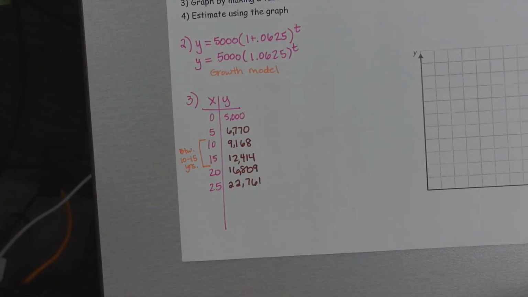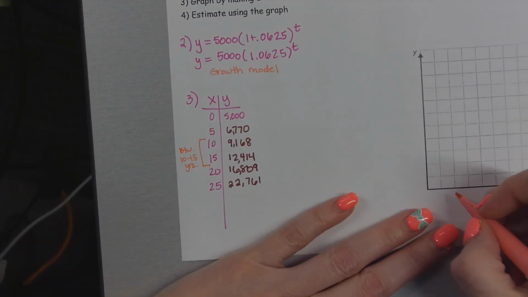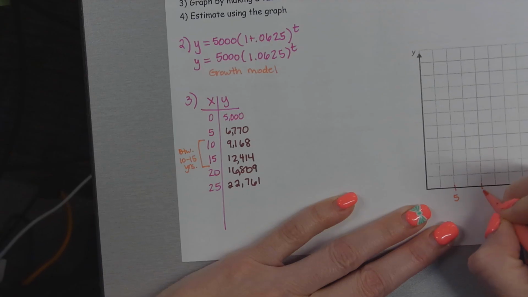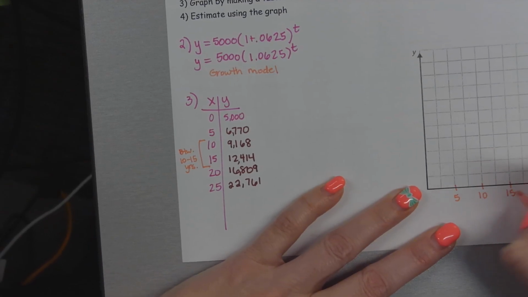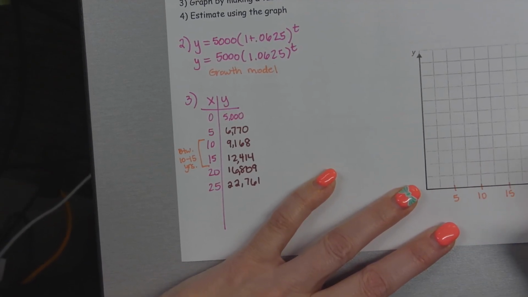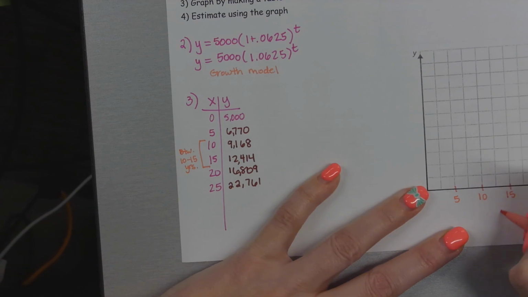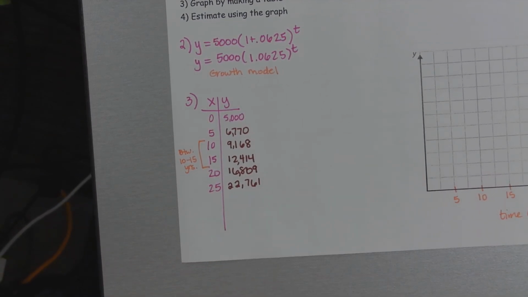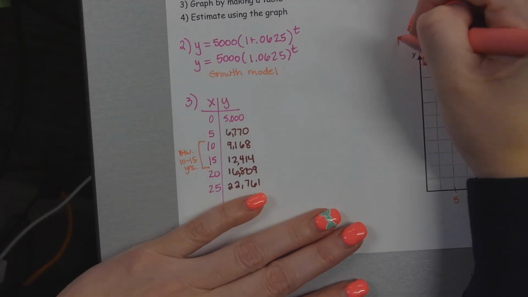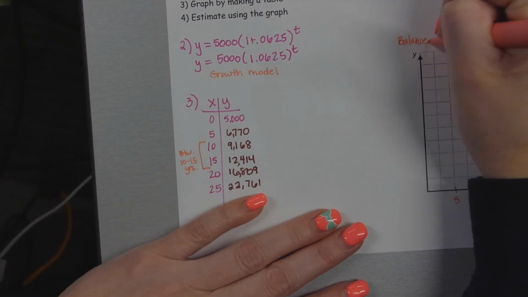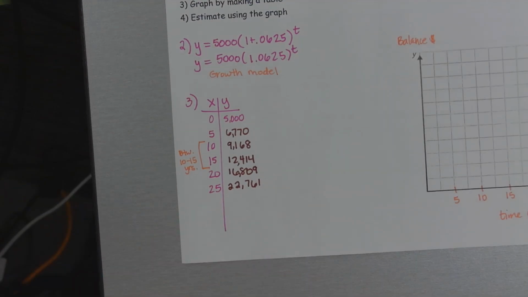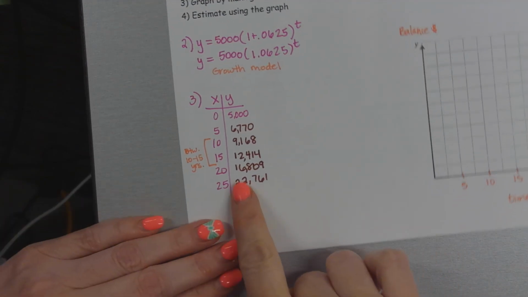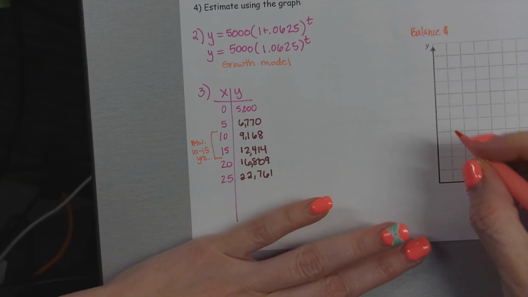All right, so then when you are making your graph, if you want to go by fives, you do 5, 10, 15, 20, 25. Okay, this is the time in years. Okay, and then this is an account, so this is going to be the balance in the account in dollars. Okay, and I do want to at least get up to the 16,000.